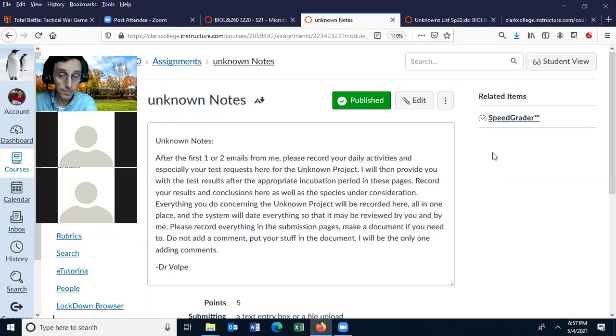You submit a paper. You can have them all linked together, so you just add to it, or you can have them independent. I don't care. The point is, write down your unknown notes here so that I can reference it if I need to.